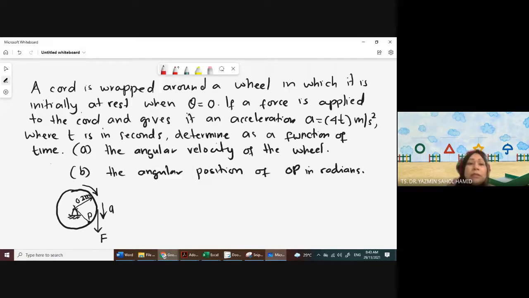For this question, what it wants is angular velocity. What is the symbol for angular velocity? Omega. And for B, what does it want? Class. This one is angular velocity, omega. What is the symbol for angular position?